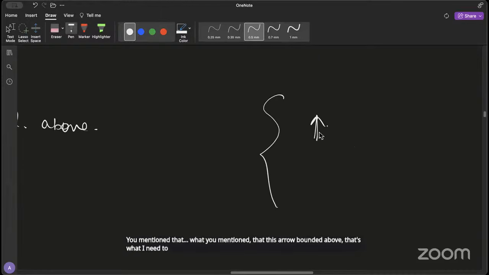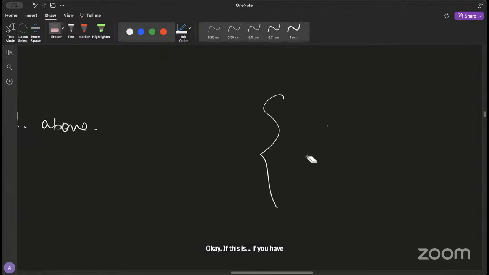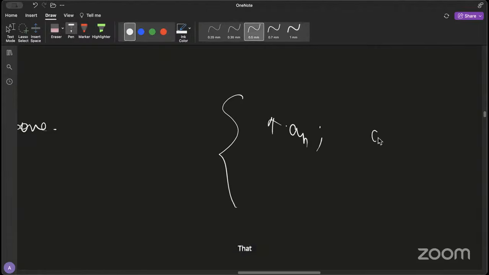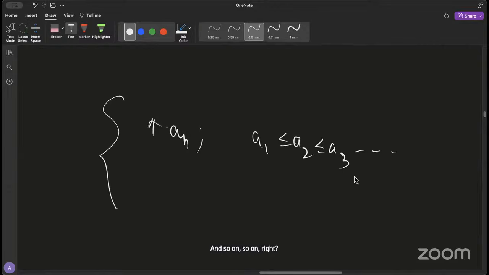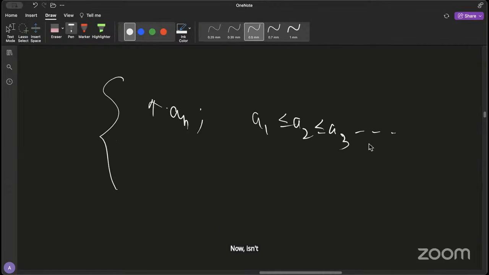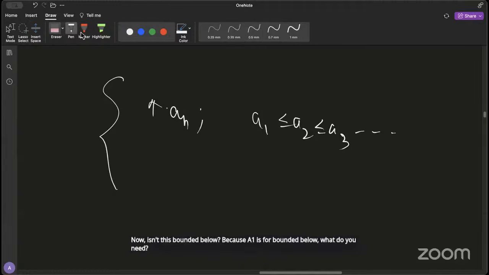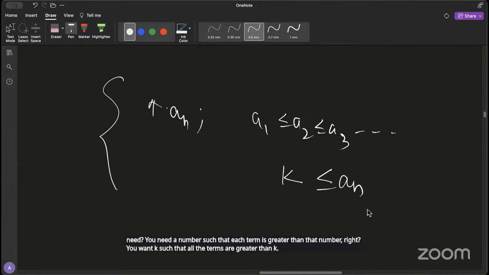If you have an increasing sequence, that means a1 is less than or equal to a2, less than or equal to a3, and so on, right? Now, isn't this bounded below? For bounded below, what do you need? You need a number such that each term is greater than that number, right? You want k such that all the terms are greater than k.